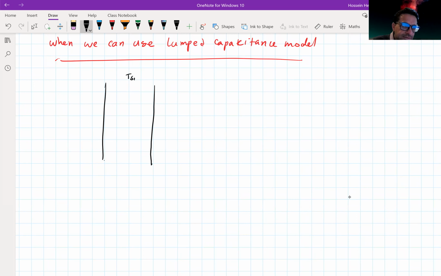It's being cooled down by fluid on both sides, at T infinity, and let's assume at the surface we have temperature Ts2. So this is the surface temperature Ts2, and we have the cooling from Ts2 to T infinity on both sides.